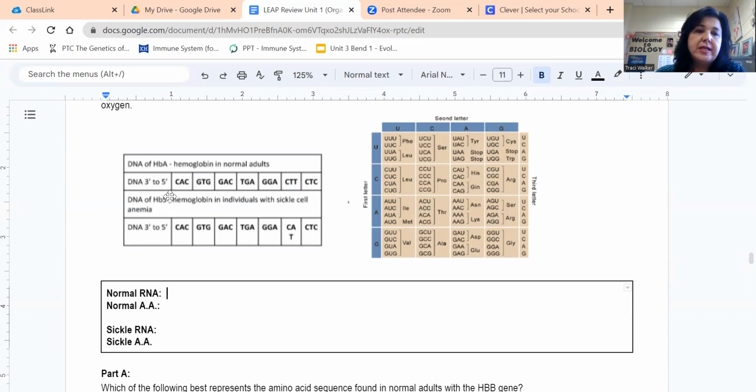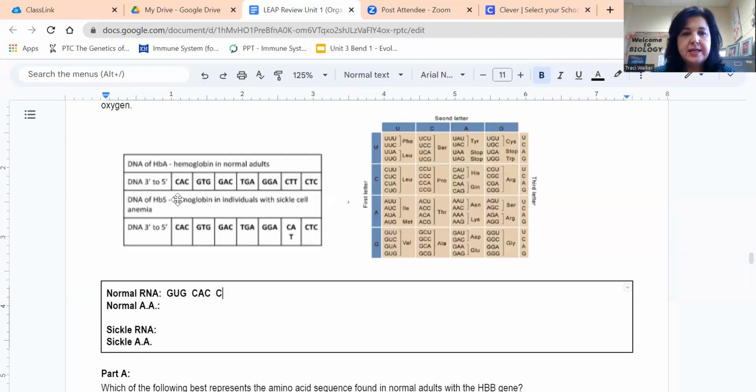Okay, so the first thing we need to do is we need to take this normal DNA strand, normal hemoglobin DNA strand, and change it, transcribe it to RNA. So CAC is going to be GUG. GTG is going to be CAC. GAC, I'm right here.